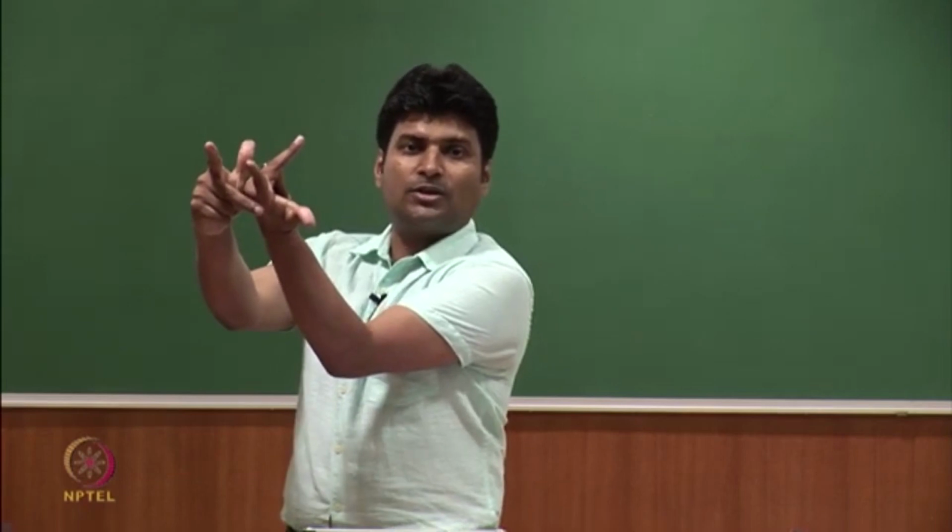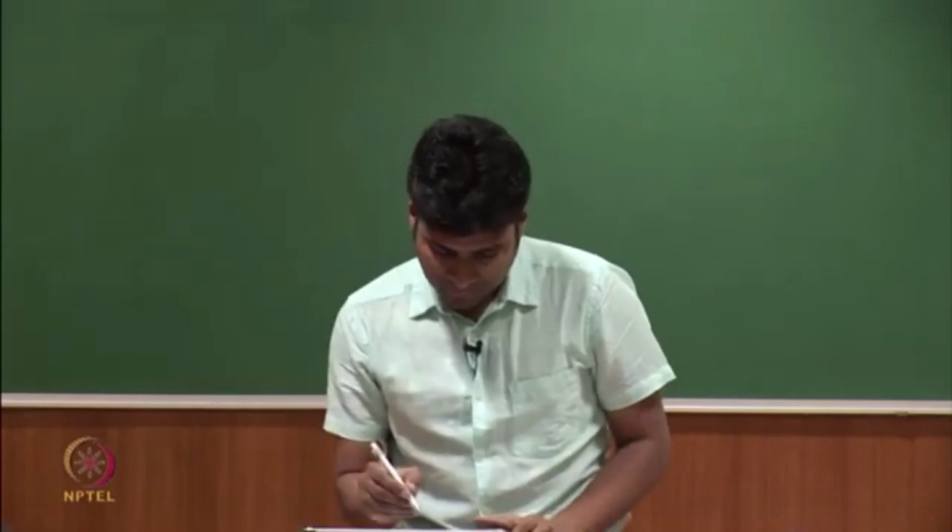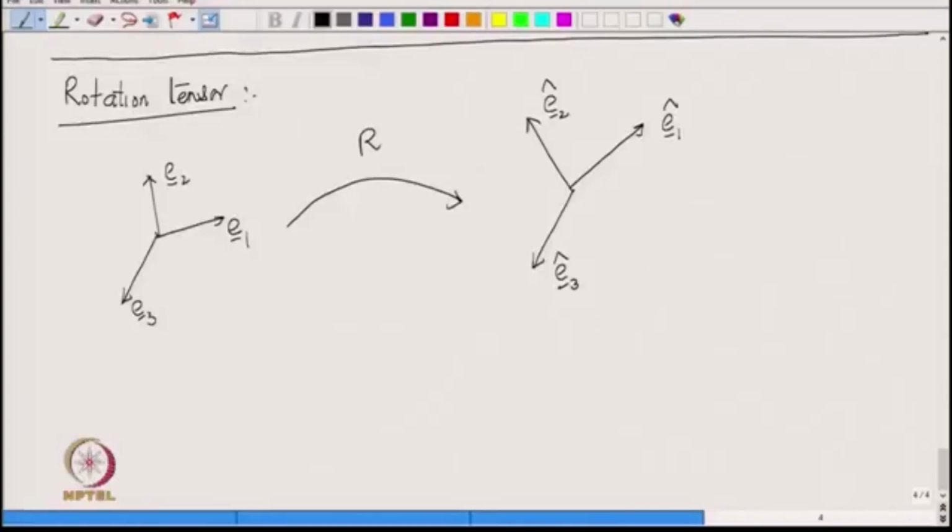So, there is a unique rotation to do this operation. So, we will say that E_i hat is equal to R times E_i for each i equal to 1 to 3.